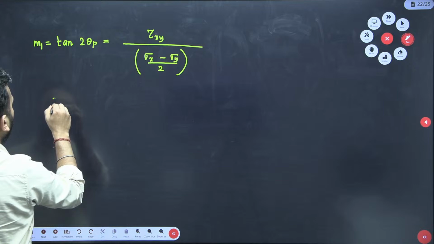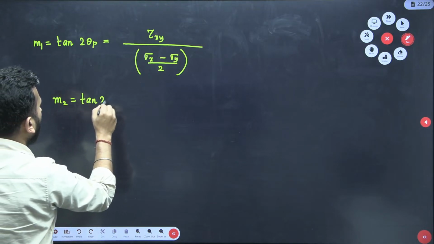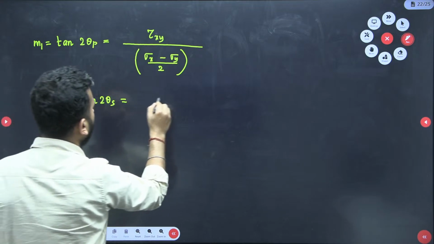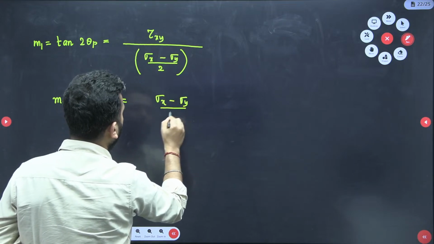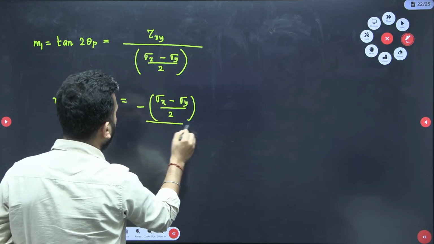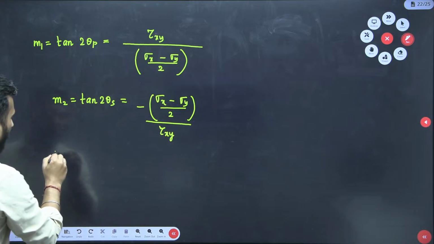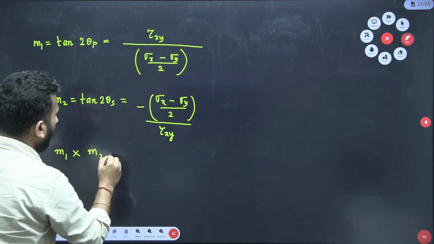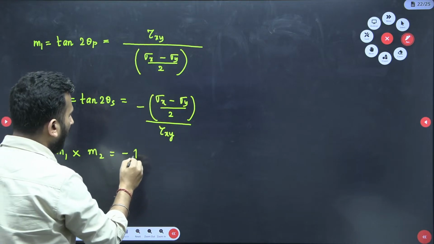Now if I ask you what was the case of m2, that is the plane of maximum shear, you will be saying that sir, it is sigma x minus sigma y by 2 in minus divided by tau xy. So if you take the product of m1 into m2, clearly you are seeing that they are getting cancelled out and it is coming out to be minus 1.